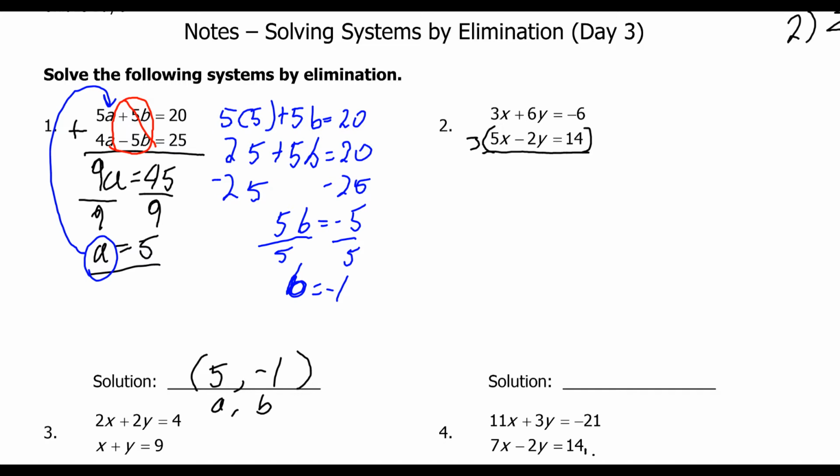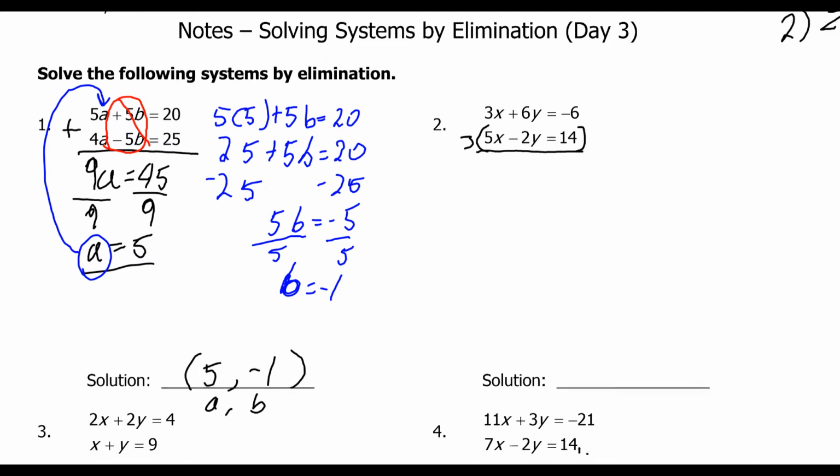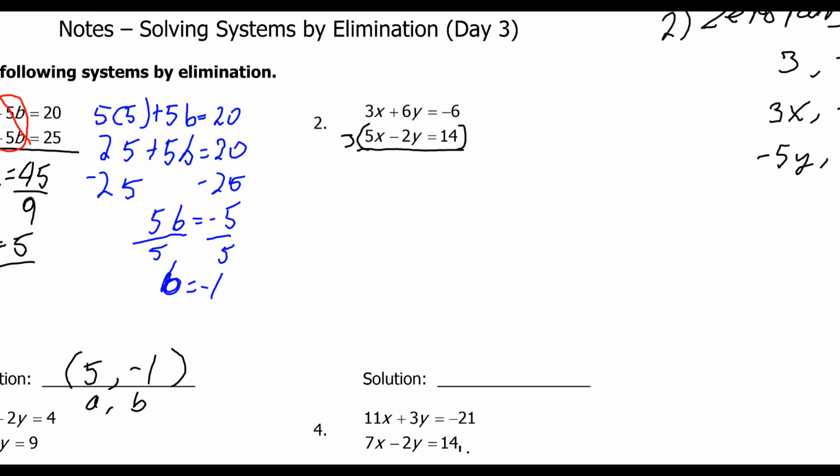When we do that, that is going to give us 3x plus 6y equals negative 6, and then we've got 15x minus 6y equals 42.